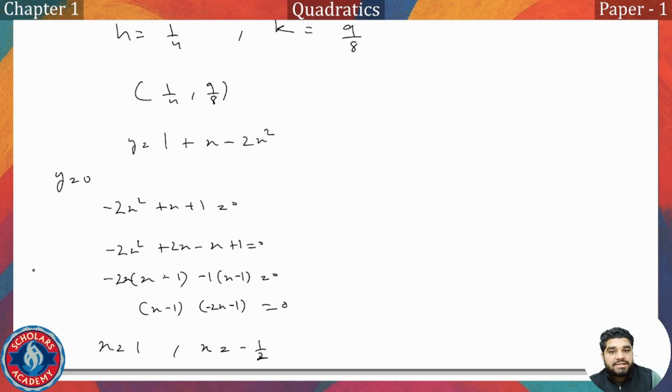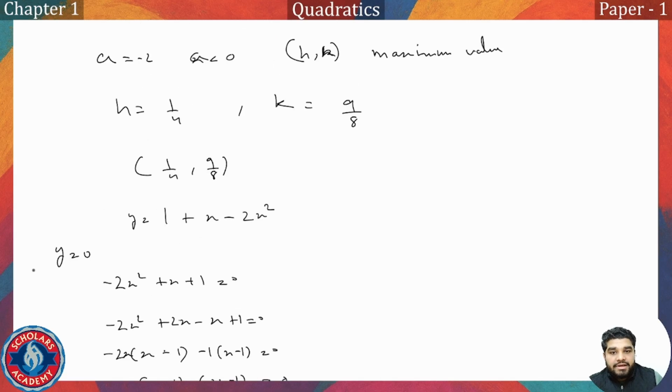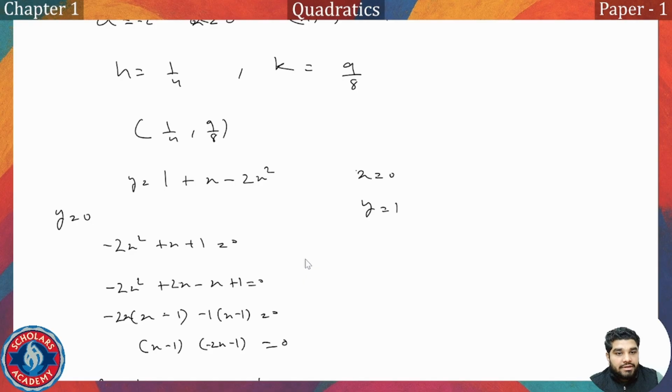So these are the two intersecting points, and to find the intersecting point with the y-axis, we take x is equal to 0. That gives us y is equal to 1. So if we draw the graph, we have a maximum value. The point of maximum value is 1 by 4, 9 by 8.